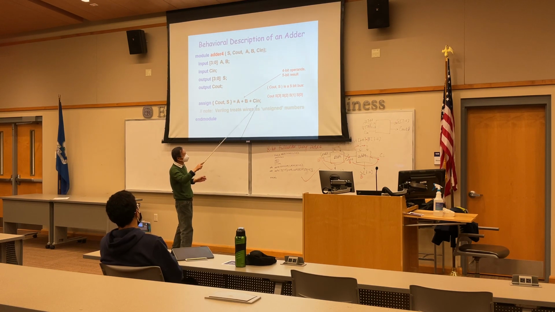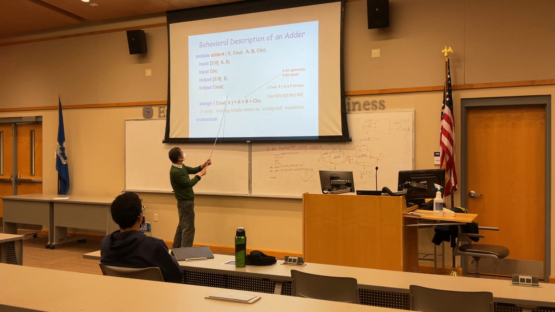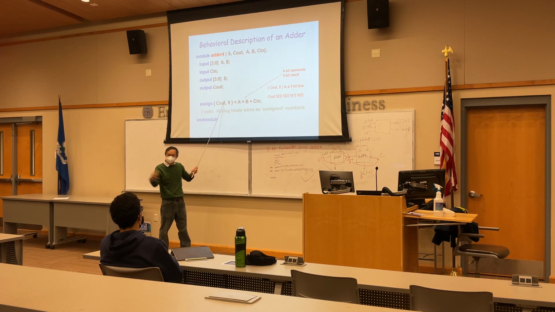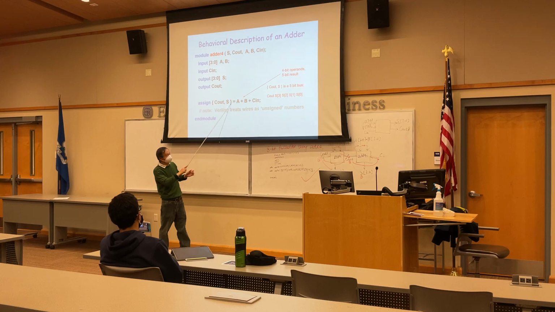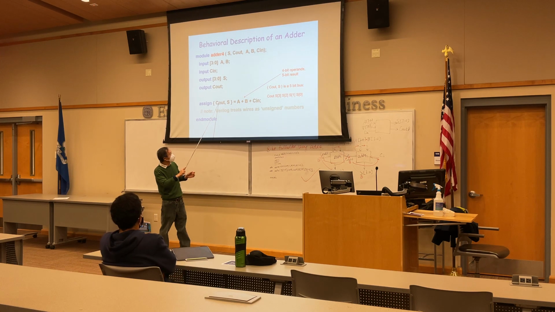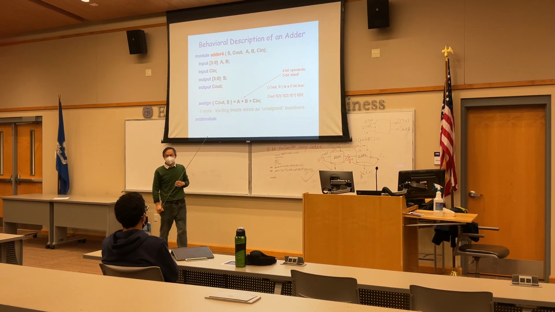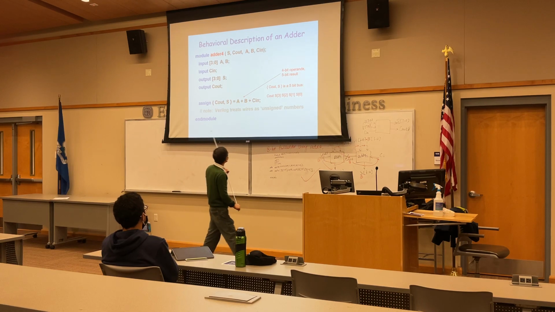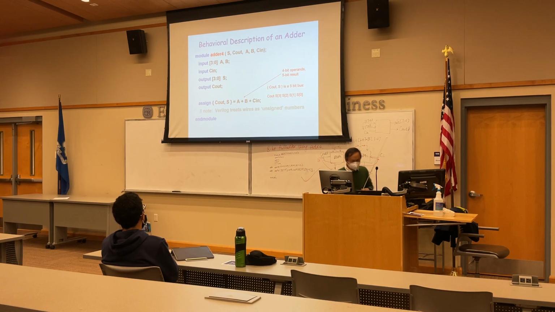A plus B, plus C in. Assign to a combination of these 2 signals. So C out is the higher bit, S is the low. C out is 1 bit, S is 4 bits. Any question? So that's good? Right? Okay, so this is actually an example. Assign.